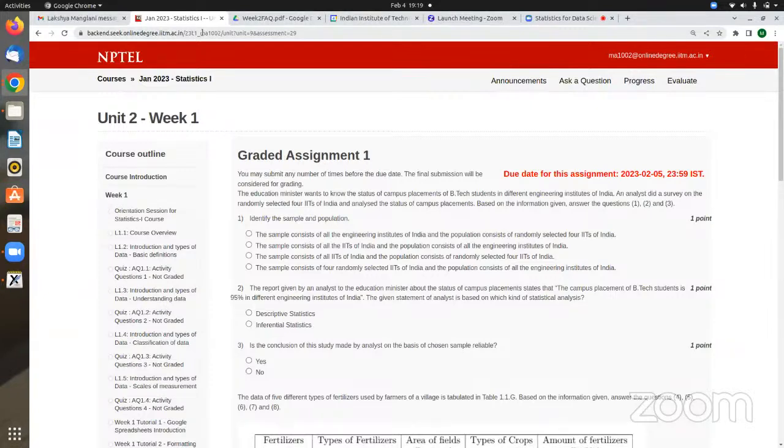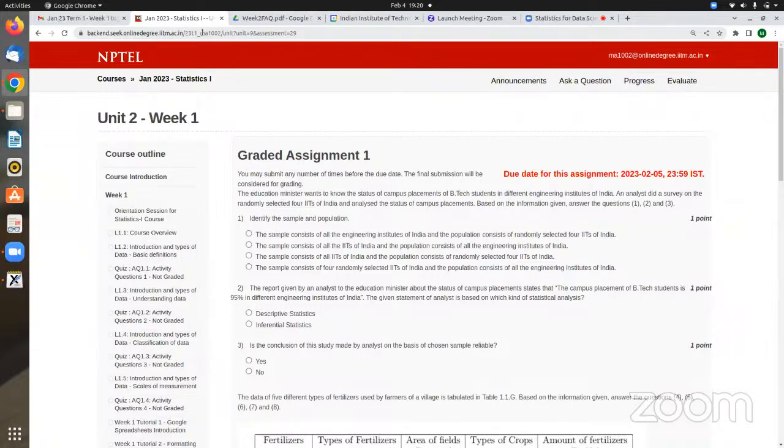So where was I? So when I say that based on this data, that of four engineering institutes, the average salary in engineering institutes of India is equal to, let's say, 7 lakhs, then what I'm doing is I'm inferring, or predicting, about the whole population based on the sample.